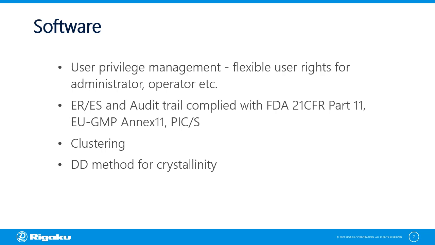This slide is summarizing some of the unique and important features only. You can register users into the software. You may provide different privileges depending on user rights. You can define more than two user rights, for example, for administrator and for operators. When you register a user, you can provide the user right.